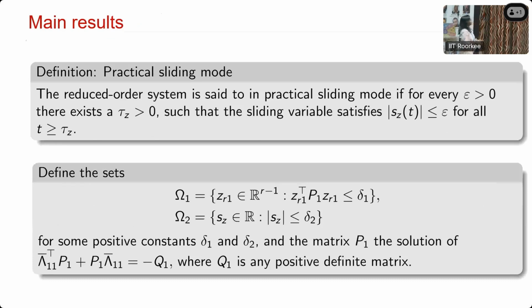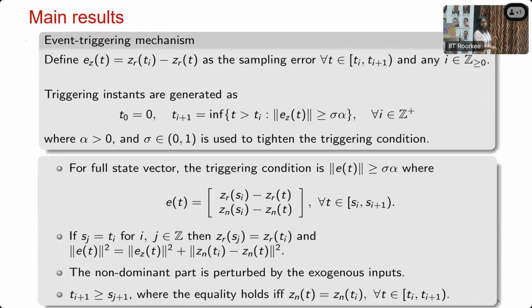But in the event-triggered scenario, as we are letting the error grow, as you can see from the condition we are using as the triggering rule, we are introducing a band around the sliding variable, and that band we call the practical sliding mode band.